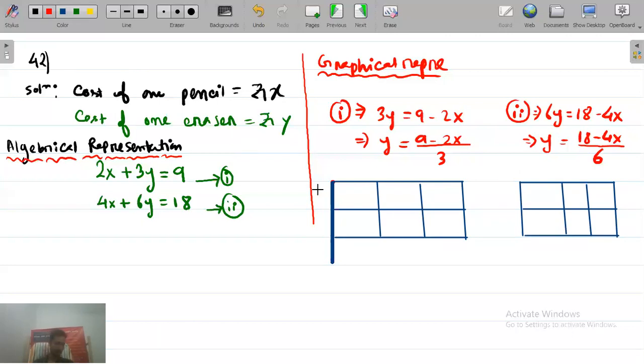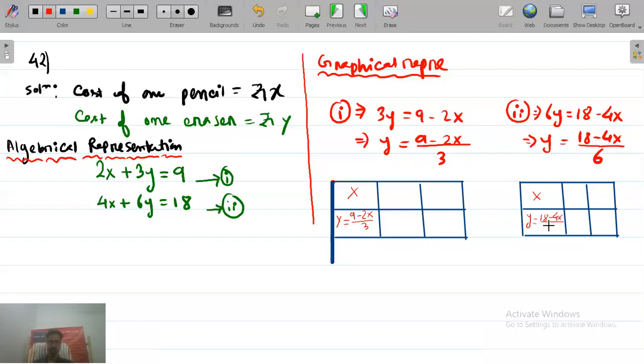Now see, if you write x here, and y here, so y, what is it for this equation? For the y? Y is your 9 minus 2x by 3, and here x, and y will be your 18 minus 4x by 6.